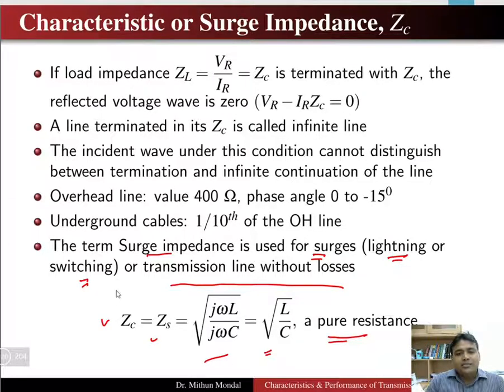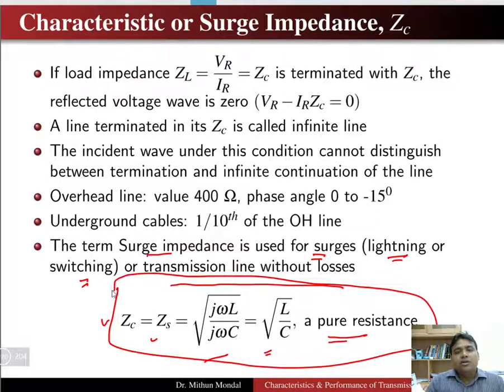We will see the derivation of this, how it has come. For the time being, we have understood that the surge impedance, which is also known as the characteristic impedance, results because of the surges. Surges are the lightning or the switching action or any transmission line without losses. So basically the characteristic impedance or surge impedance is equal to under root the line inductance by the line capacitance, and it is a pure resistance.